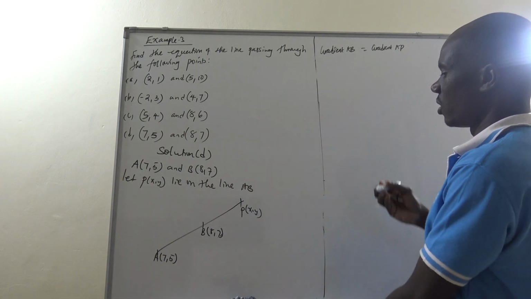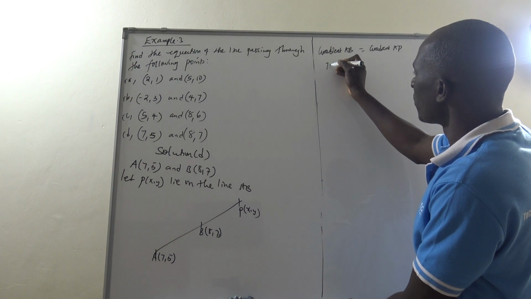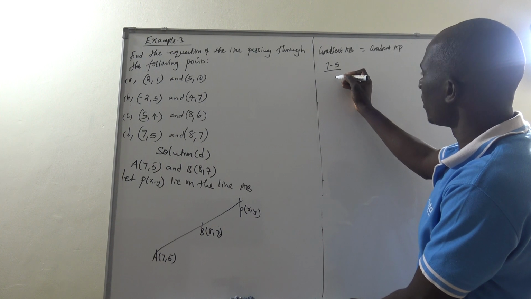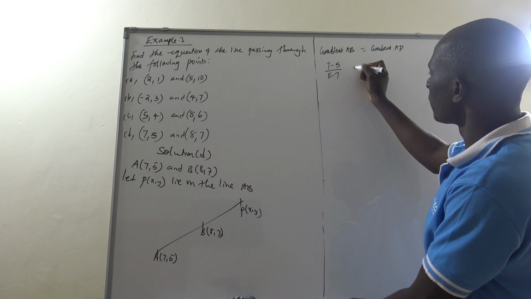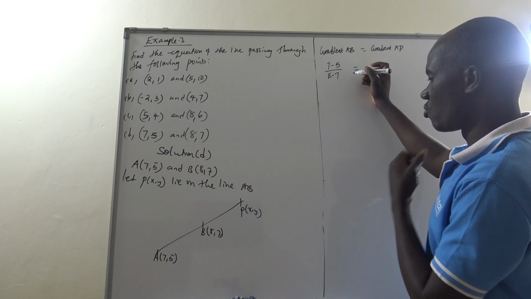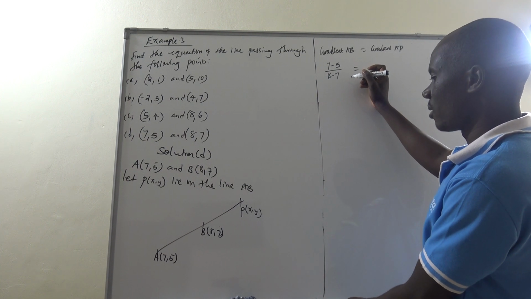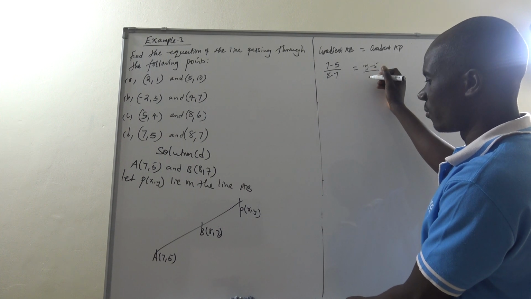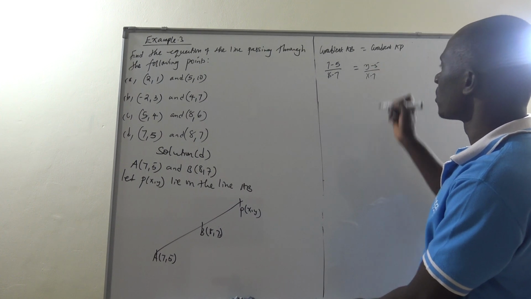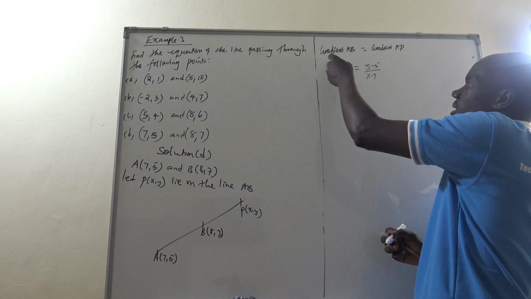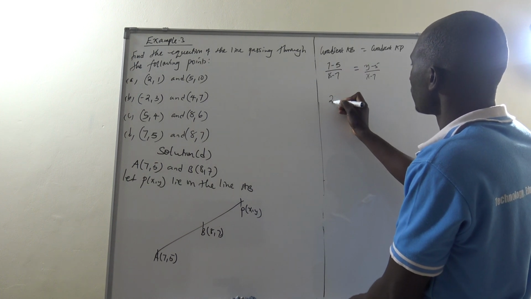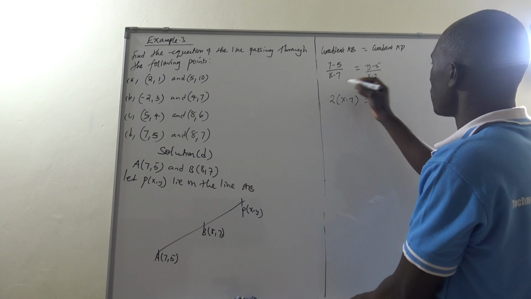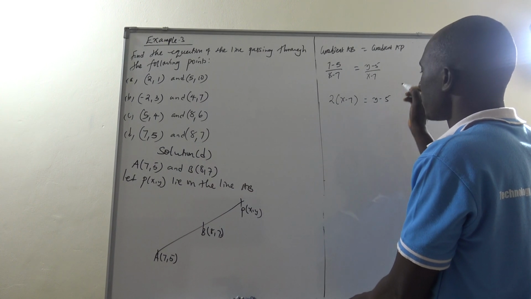Change in y over change in x, which is 7 minus 5 over 8 minus 7, which is equal to AP, which is y minus 5 over x minus 7. So we get 2 into x minus 7 equals y minus 5.